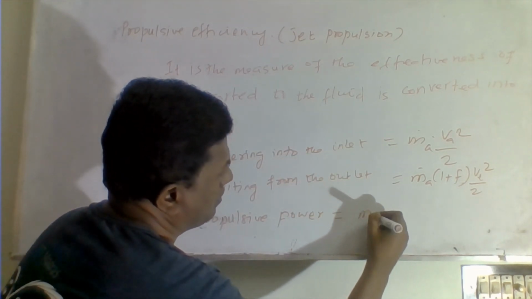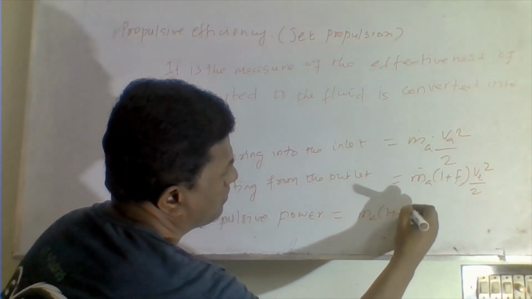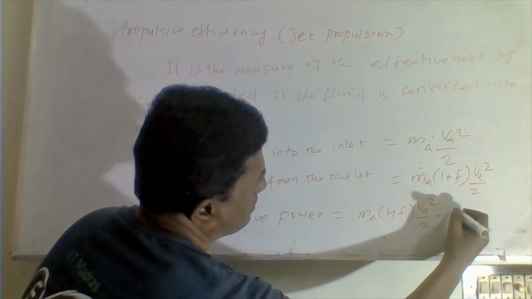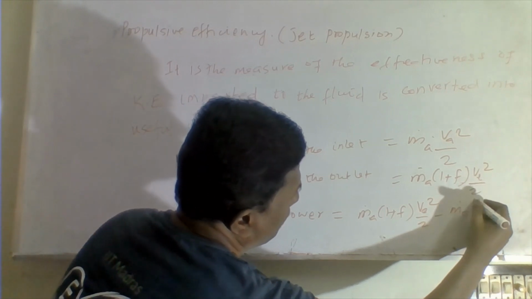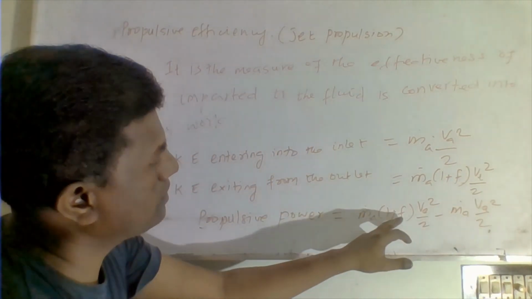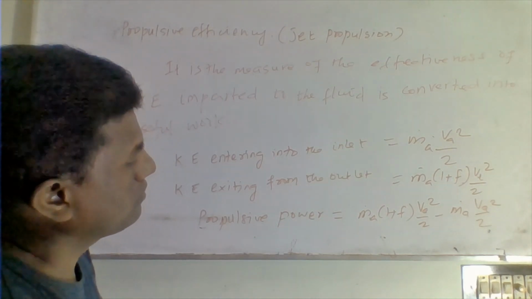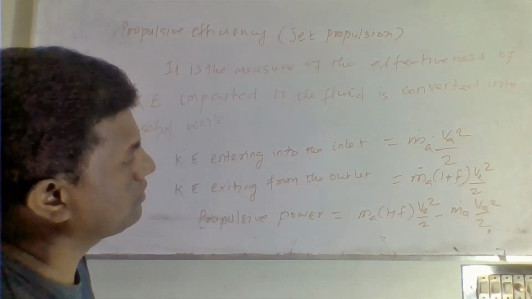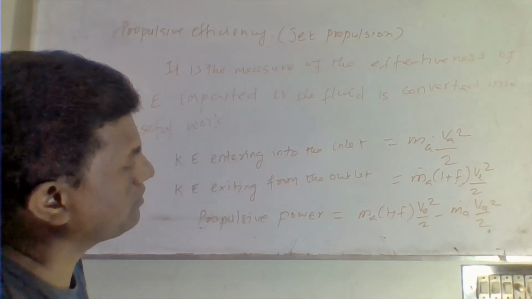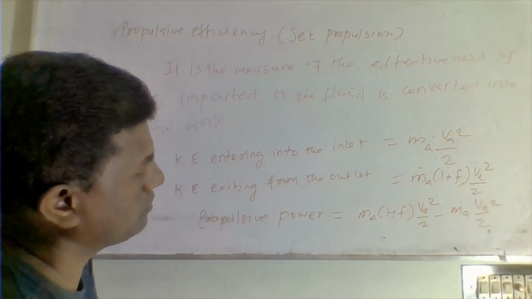That is m dot a into (1 plus f) into V squared by 2 minus m dot a into Va squared by 2. Here f is nothing but the fuel air ratio, that means the mass flow rate of the fuel divided by the mass flow rate of the air. That is what I call the fuel air ratio.